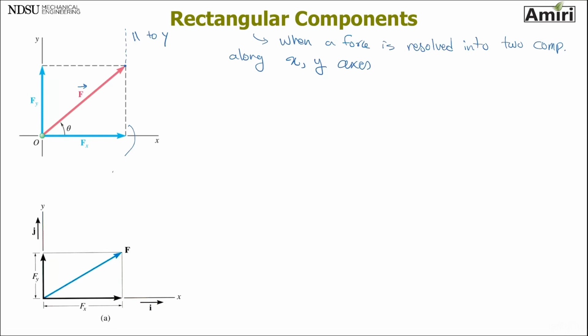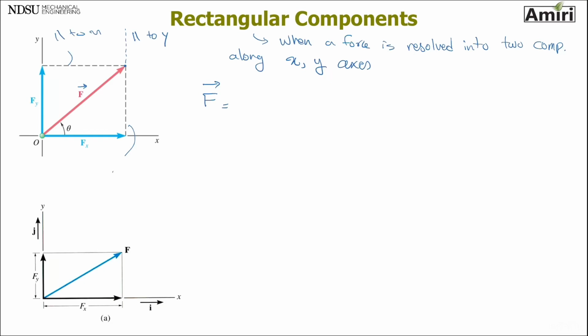We draw it parallel to Y. There is a very important distinction here that you're going to see in some problems. You should always go parallel to Y, parallel to X, and find the components, just like we've been doing with the parallelogram. Parallel to X, parallel to Y, find the intersection: Fx and Fy.